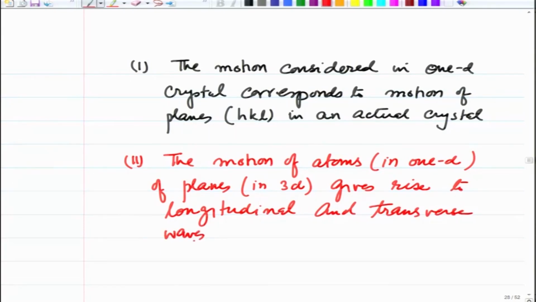In a longitudinal wave, the motion of planes is along the direction of the wave, and in a transverse wave it is perpendicular to the direction of the wave.